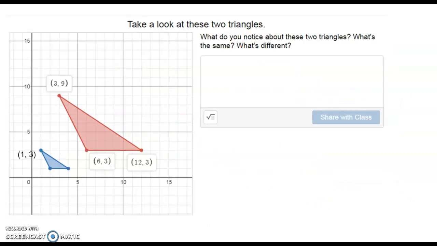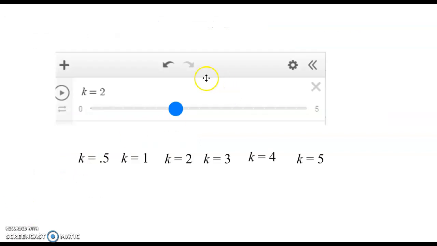This next slide is kind of fun because we get to play around with this slider here, and we get to drag the slider off to the right and off to the left, and we see what is happening. So they've got this set at k equals 2.